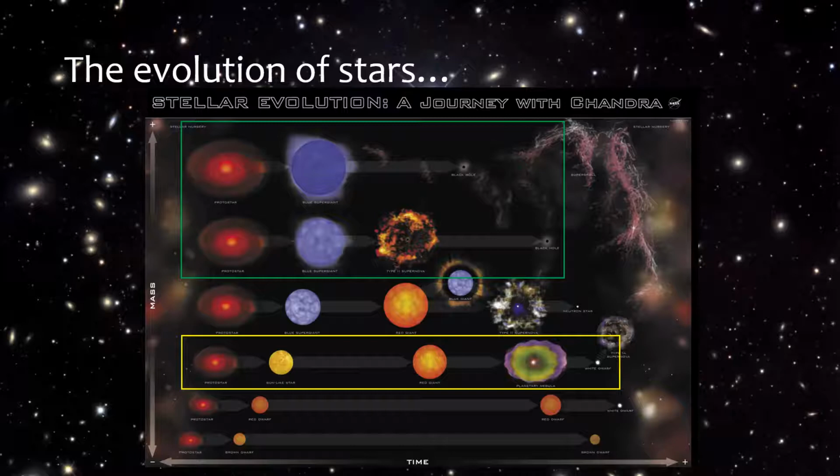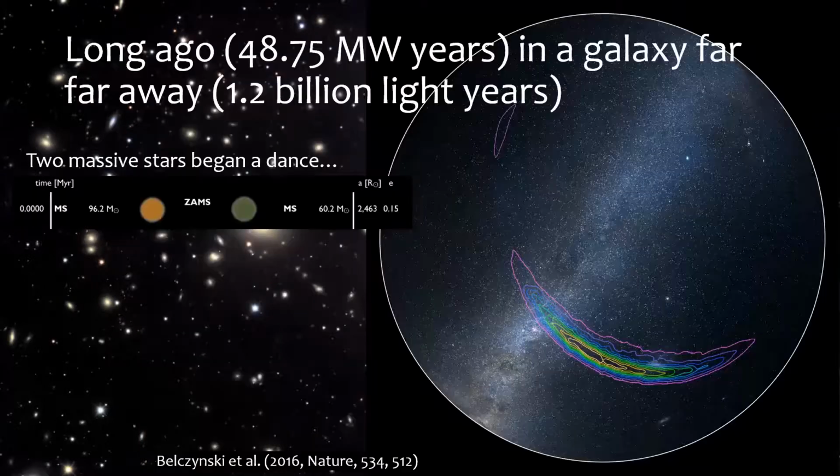They will attempt to fuse iron, but that process won't release energy, leaving the core unsupported against gravity. The cores of these stars collapse into a point called the singularity, surrounded by an event horizon, which is a region of space around the singularity where gravity is so strong that light cannot escape. This is a black hole. And with that, we begin our first story.